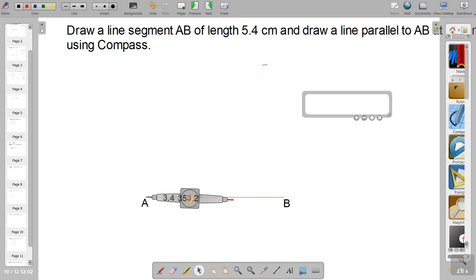So for drawing a perpendicular, I have set the compass distance as more than half of the line segment AB, and the pivot is kept at A. So it means the perpendicular line is going to be drawn at A.